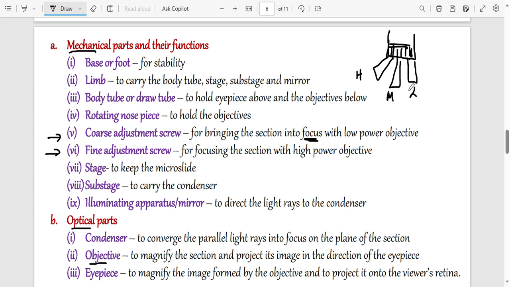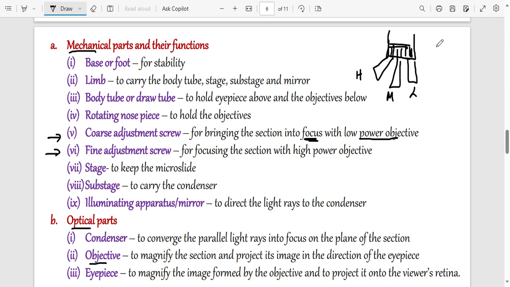So when something is at low power, it means that you can't see very much detail of something you've placed on your microscope. Let's say you are viewing a cell. There are some things that you cannot view at low power, unless you increase the power. So when you want to view something at low power, you want to focus it, you can adjust the coarse adjustment knob.